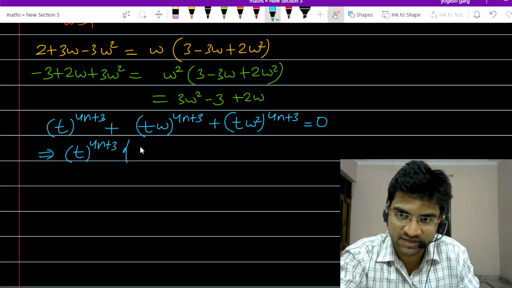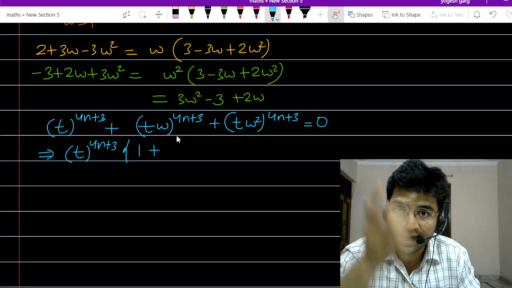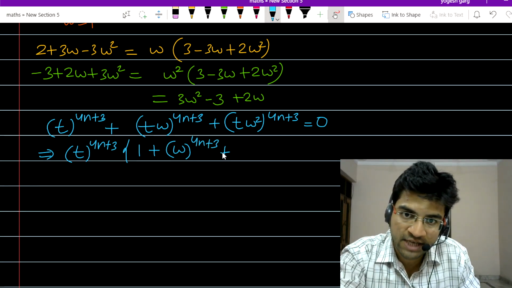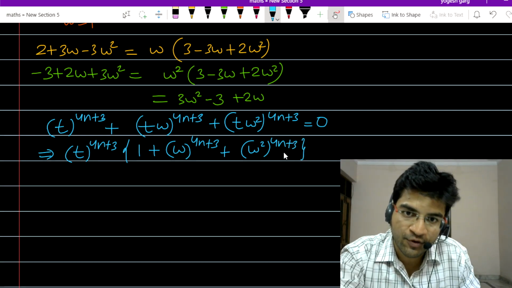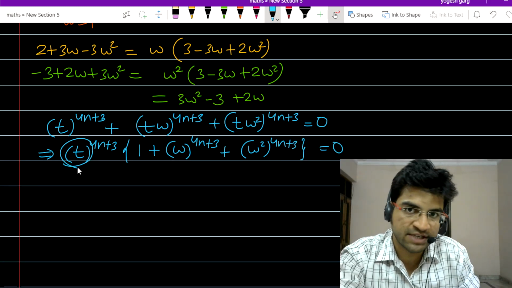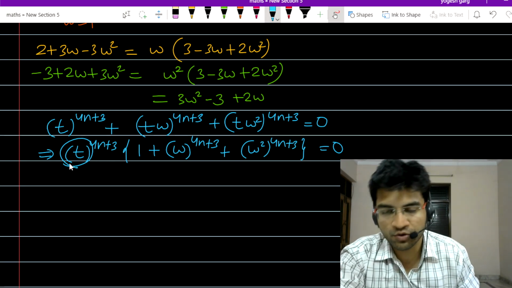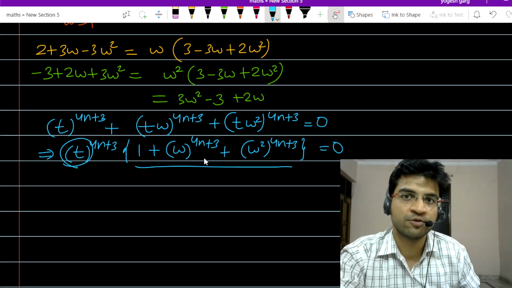This is 1, this is 1. In the second expression you will have omega to the power 4n plus 3. In the third expression you will have omega square to the power 4n plus 3. You can clearly see t is not equal to 0, neither will its power 4n plus 3 become 0. So this expression should be equal to 0.